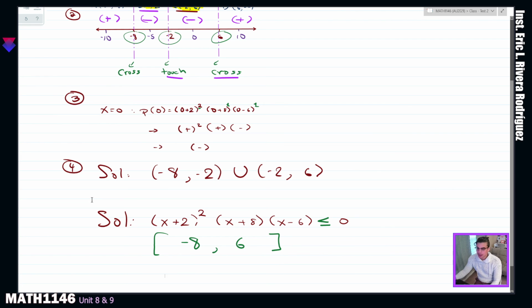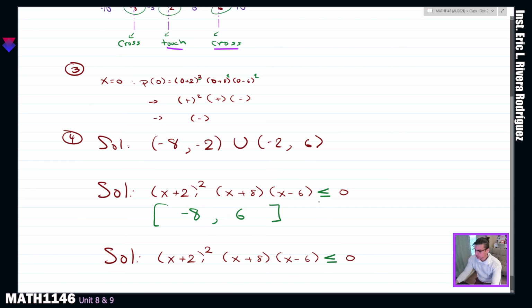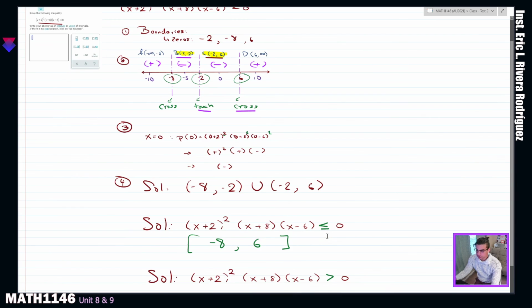All right. So the solution for greater than 0. If we are looking for greater than 0, how would you write the solution?